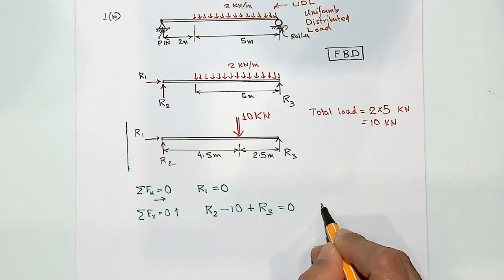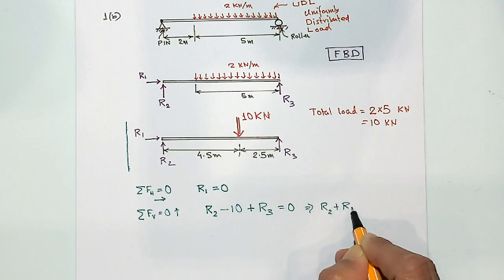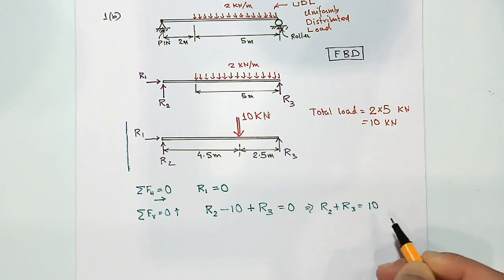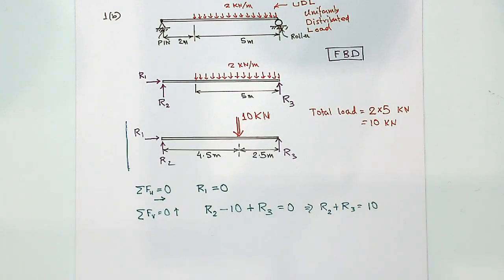So this gives me an equation which says R2 plus R3 is equal to 10. Now that makes sense because those two reaction forces must balance the vertical loading that is coming. But this doesn't give us what is the value of R2 or R3. So for that I need a third equation, which is a moment about a point is 0.